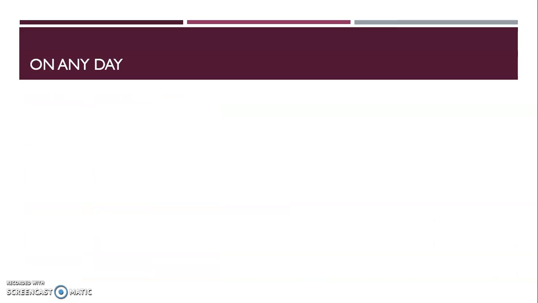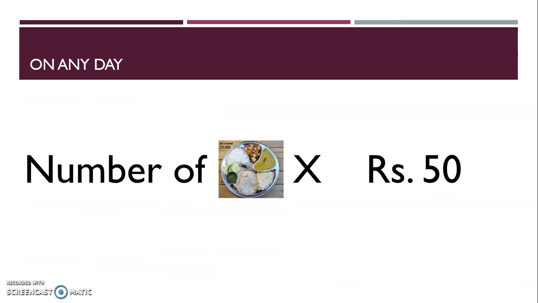So on any given day the total amount of money that he makes at the end of the day is the number of thalis that he sold into the cost of one thali, that is 50. If we want to write this, it is hard for us to write such long sentences.